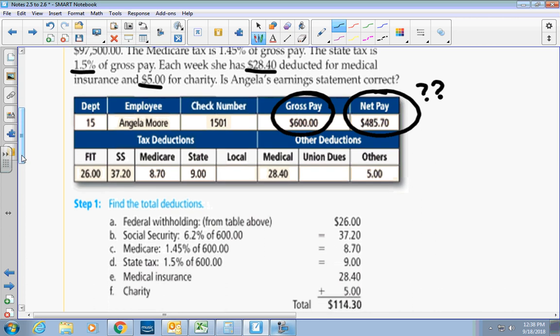here's what we're going to do. We're going to take a moment. We're going to pull out our Chapter 2 notes from last week. She is married with 3 exemptions, so we're going to turn to the married chart.